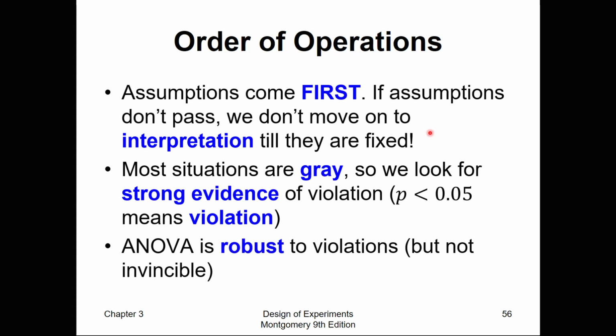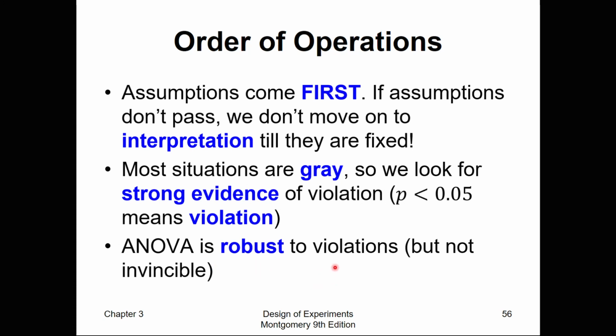Now, one of the nice things is that ANOVA, especially if you have a balanced design, that means you have an equal number of replications within each of the factor levels. If you have that, that's called a balanced design, then ANOVA is pretty good about violations. So if your data aren't normal, even if they're pretty not normal, then it doesn't really impact ANOVA, and that term is called robust.